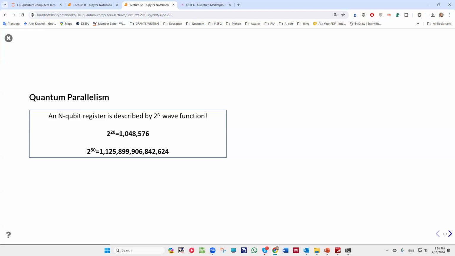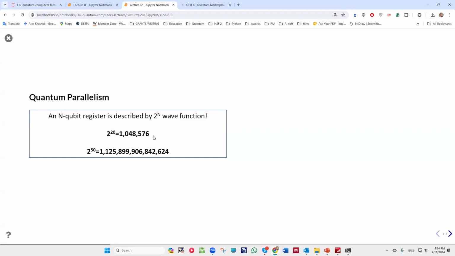And if the system gets to 50 qubits, this number is already very large, colossal. So just 50 qubits creates this huge number of basic computational states.